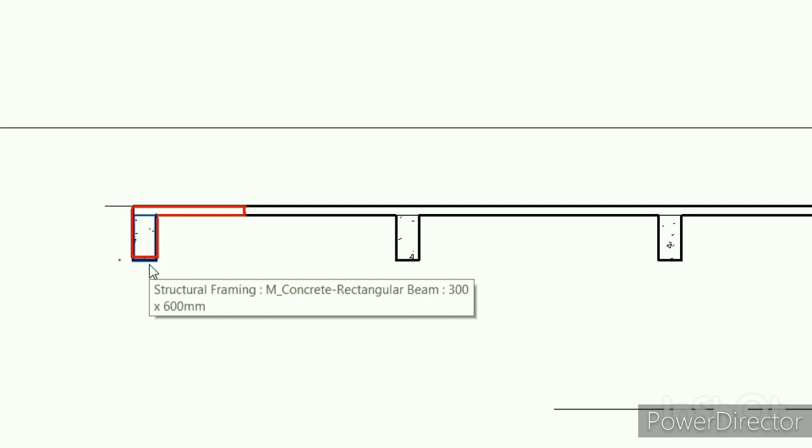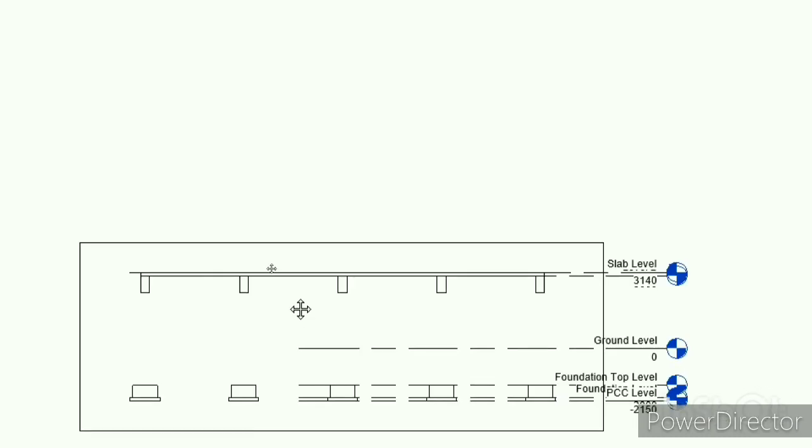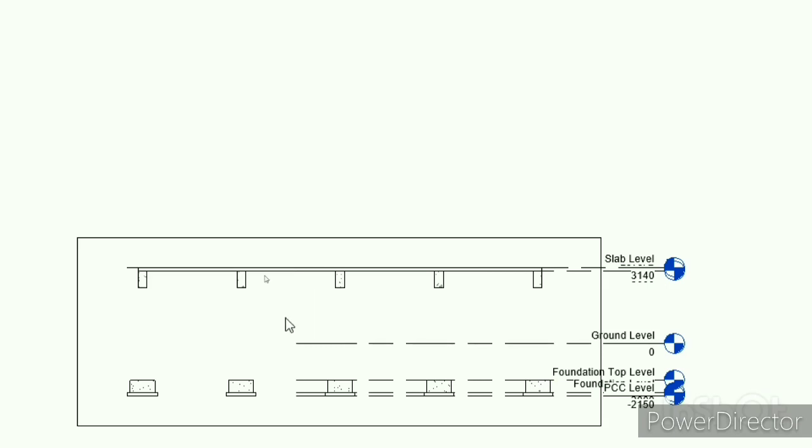So this is the L section that you should consider for the end frame, while for the mid frame you should consider the T section, right? So this is all about the intermediate frame and end frame.